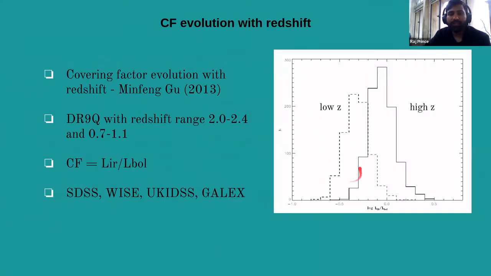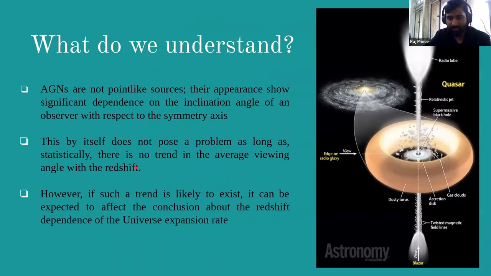So here I saw this one plot from a 2013 paper, where they have plotted something called the covering factor. The covering factor is basically defined by how much of the quasar is blocked from the view of the observer.